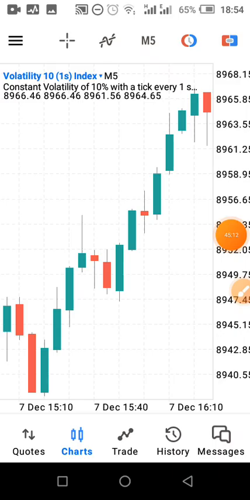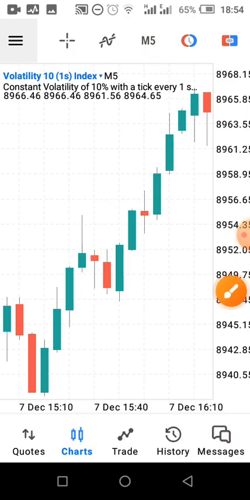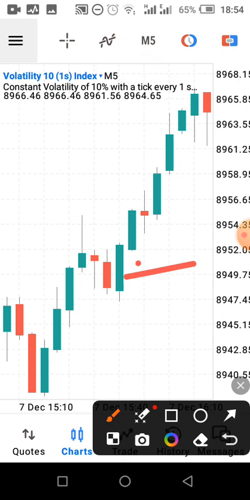So for those who are still new, remember, wicks of candles are these needles, and the bodies are the thicker regions. These will be the bodies. They will be the same on CFD versions of instruments across all brokers, or maybe just with very minute differences, but nearly the same, but the wicks may actually be significantly different.